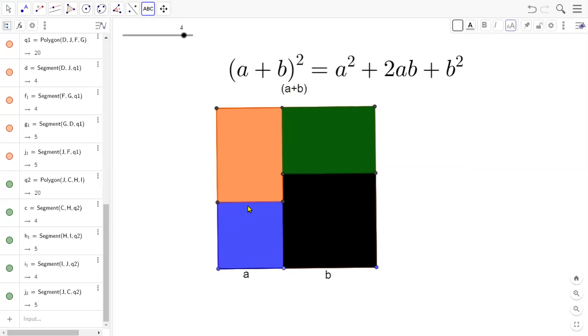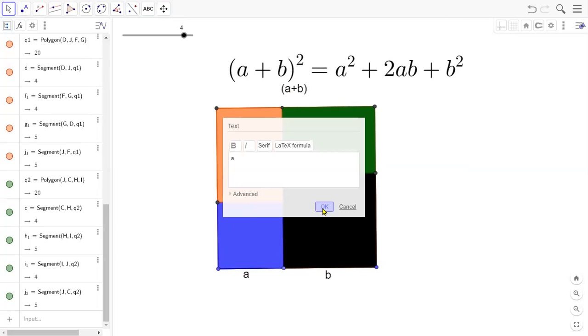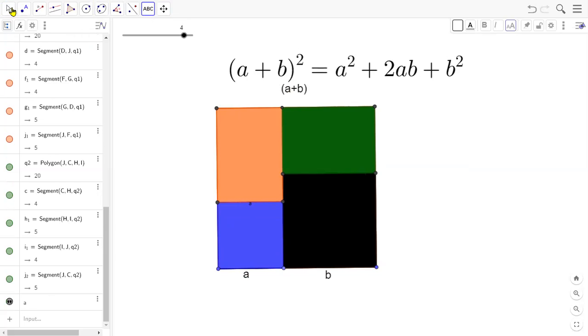Let me type here. This will also be a unit, the opposite side, because all the sides of a square are the same. This will also be a unit. Now let me find the length of this rectangle. The total side is a plus b unit, and this part is a unit, from this point to this point.